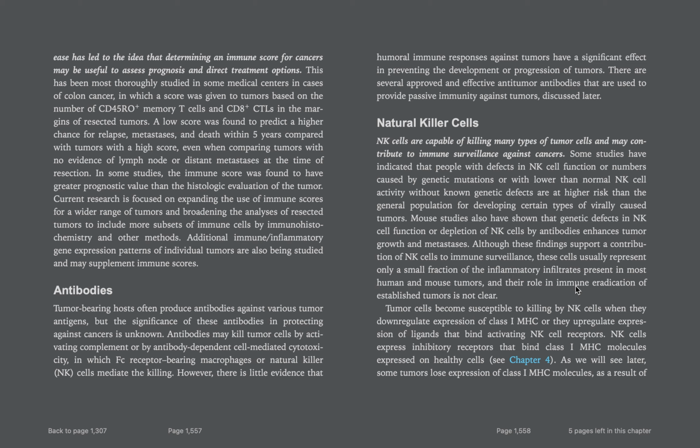Additional immune inflammatory gene expression patterns for individual tumors are also being studied and may supplement the immune score.